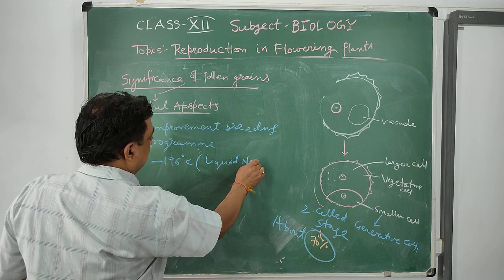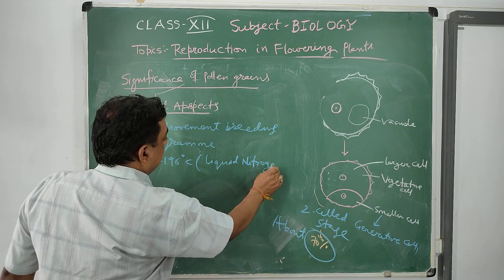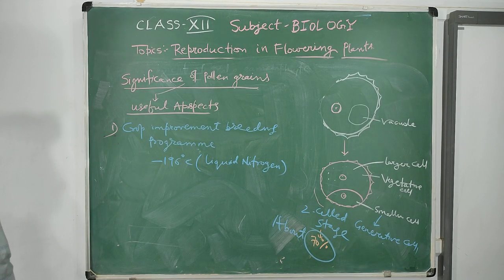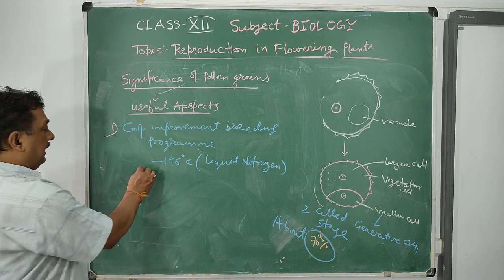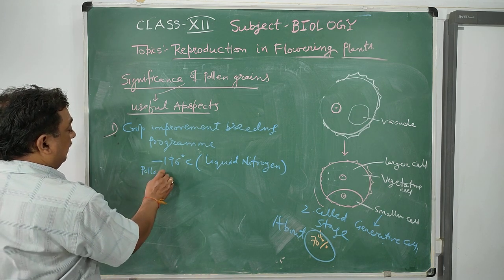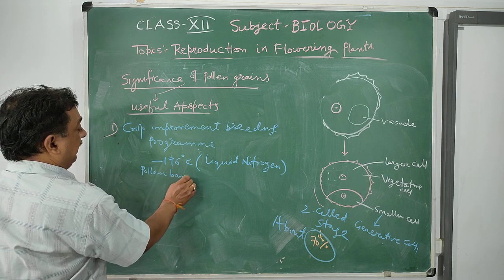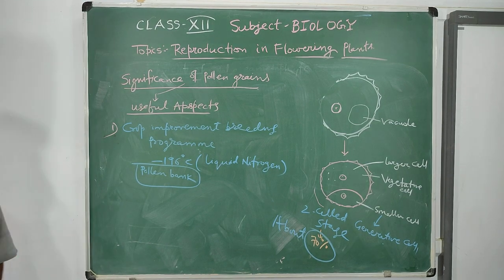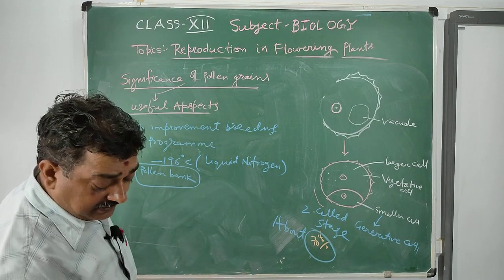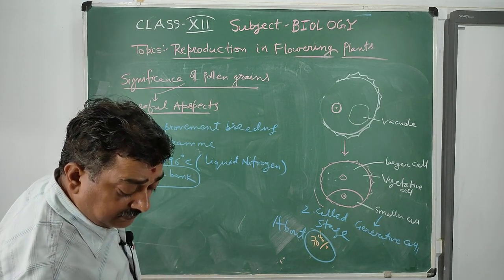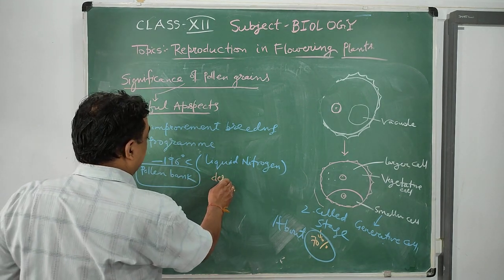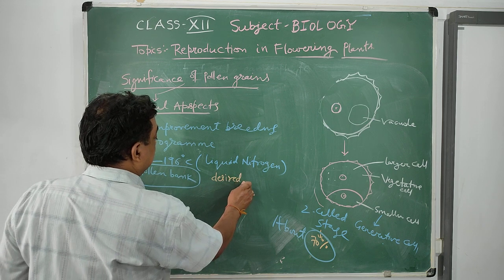Pollen grains stored at this temperature are known as a pollen bank. Pollen banks are very essential because hybridization can be done by dusting of desired pollen grains.